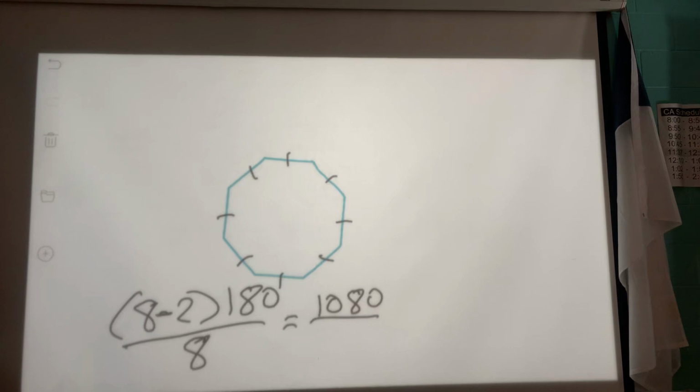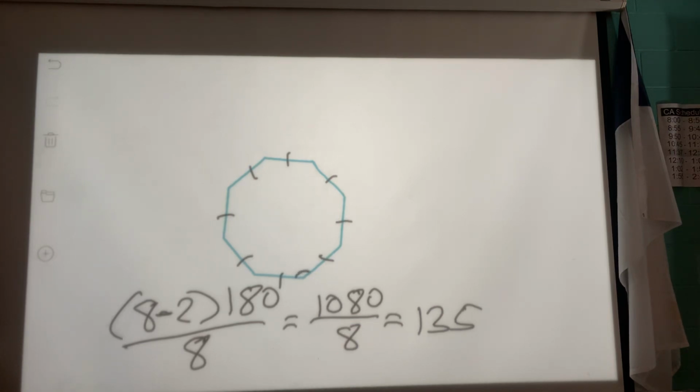Then we divide that by 8, and that's going to give us 135. So that's the interior for a regular polygon.